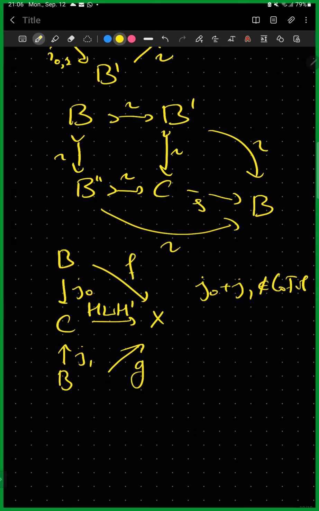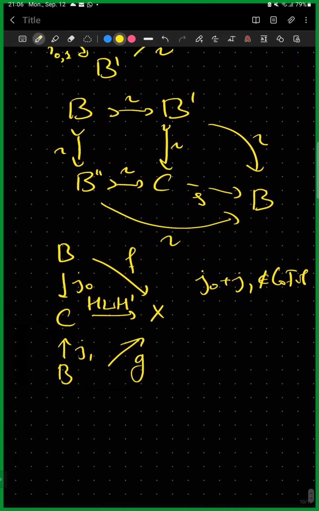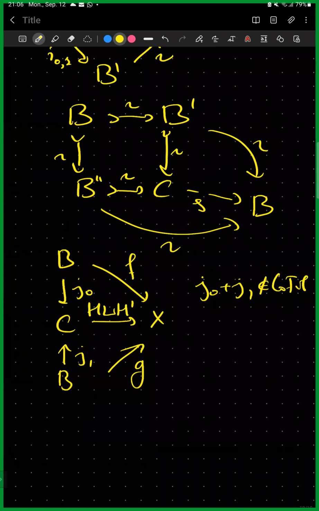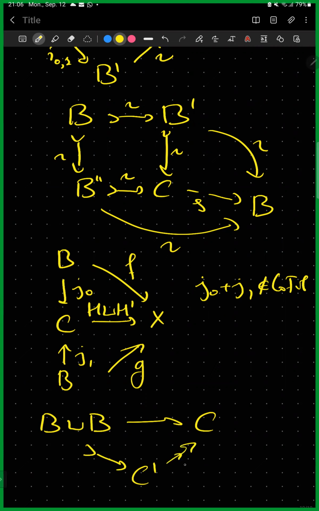So we have to fix this. How do we do that? Well, we just consider the following factorization. We have a map from B with B to C, and we factorize it as B with B to C prime to C. Here we have a cofibration and a trivial fibration.